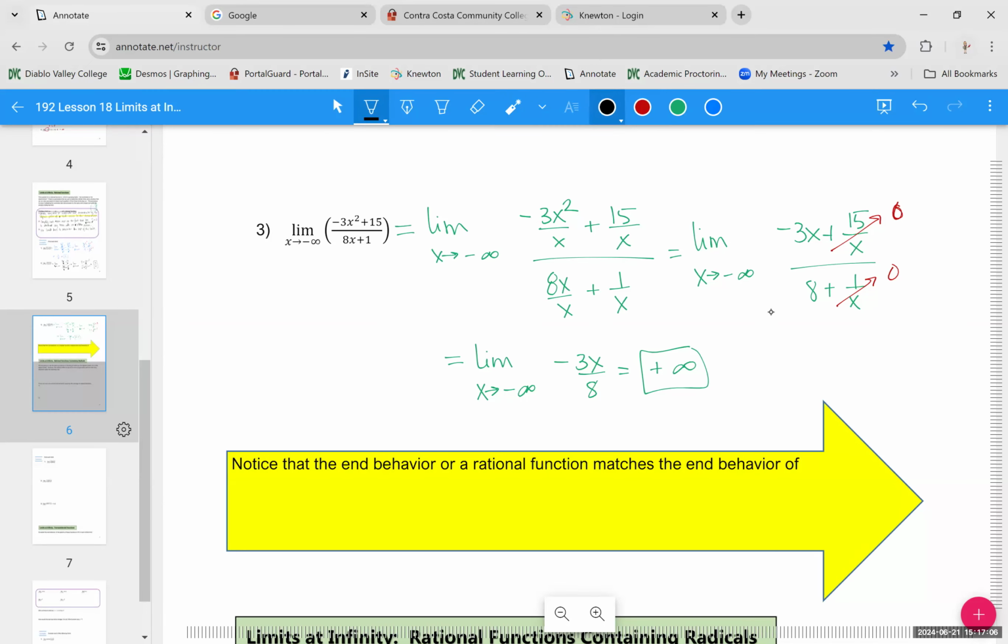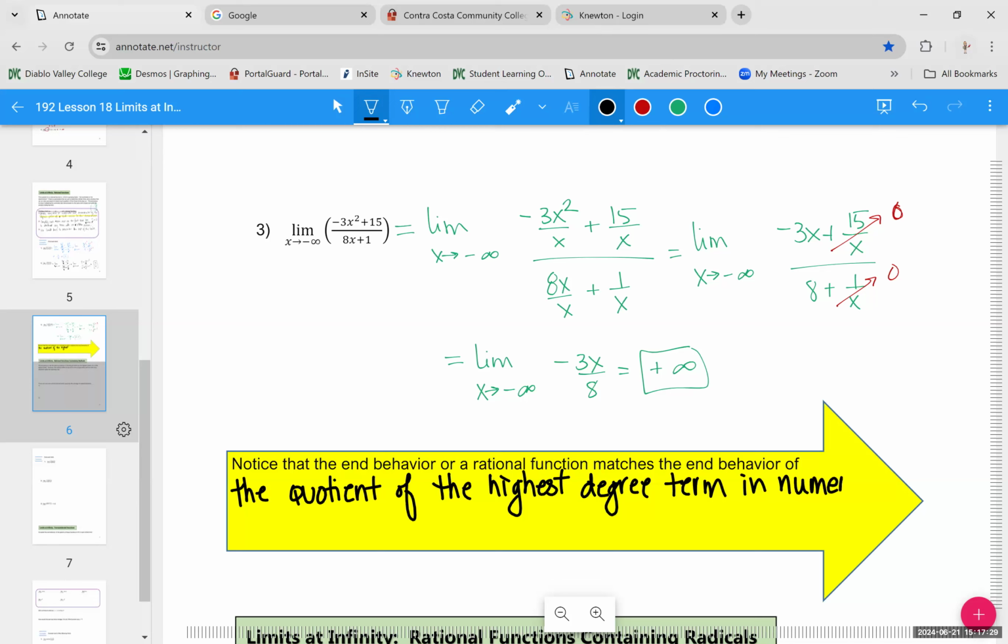The end behavior of a rational function matches the end behavior of the quotient of the highest degree, basically the leading term, the highest degree term in the numerator and the highest degree term, or the leading term, in the denominator.